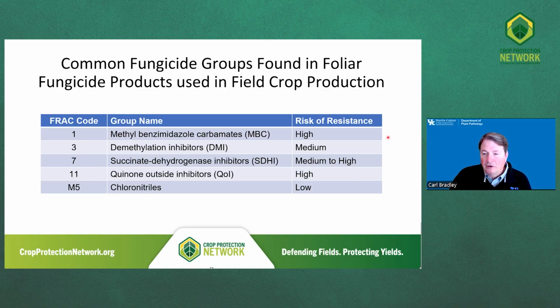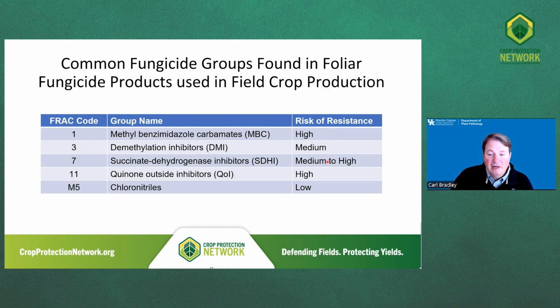And then when we look at the risk of resistance, which is the other thing that the FRAC does, it will label these by the type of risk of resistance. We can see with things like FRAC code 1, it's high, FRAC code 11 is high, and then FRAC code 3 is medium.